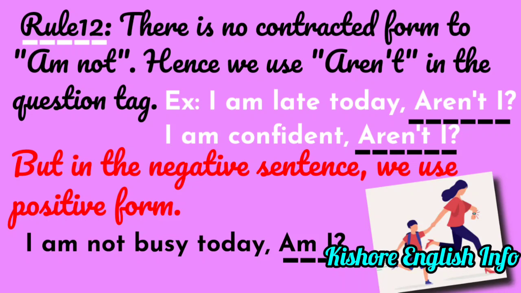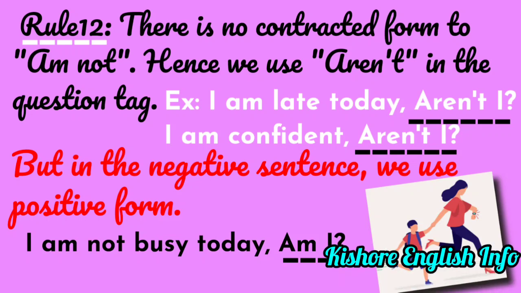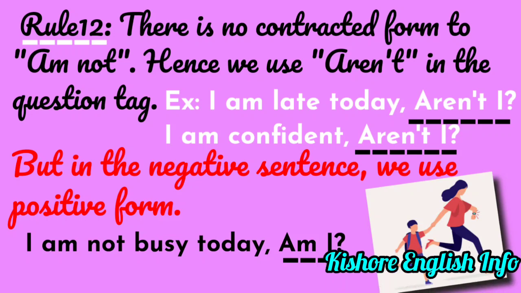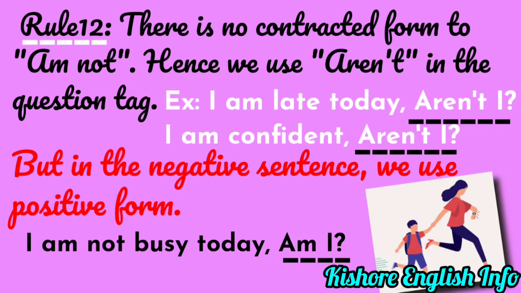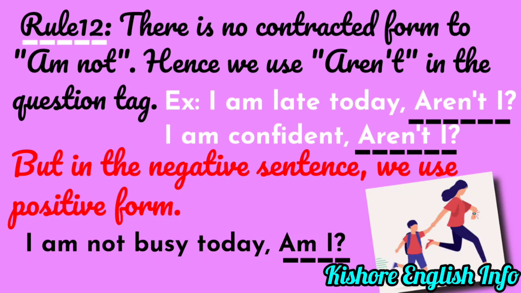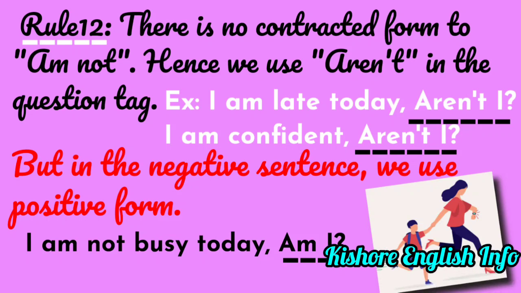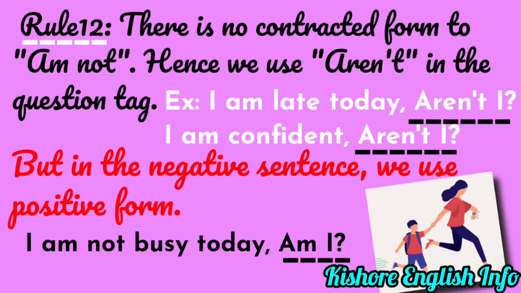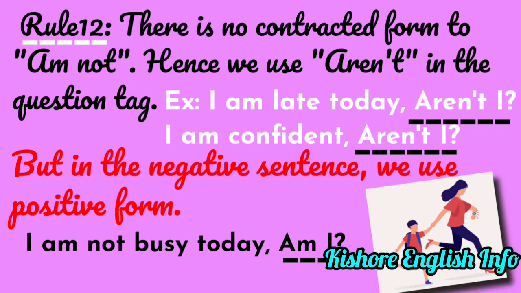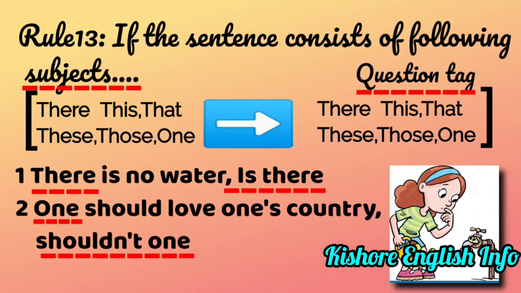We cannot use amn't I because there is no such negative form. If the sentence is negative, we use am I, a positive question tag. I am not busy today, am I? This is a very important rule. Please make a mark of it.